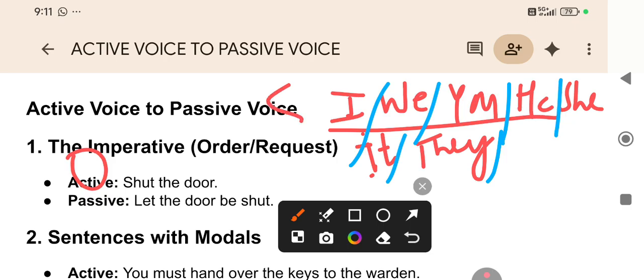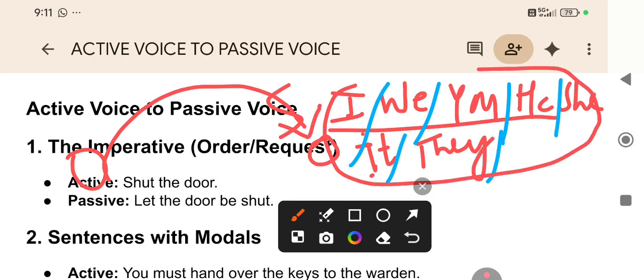So if a sentence starts with a subject, then when it goes to the place of the object, it changes. Suppose the sentence starts with I, then in the place of the object it becomes me, because these are subjective pronouns and objective pronouns.